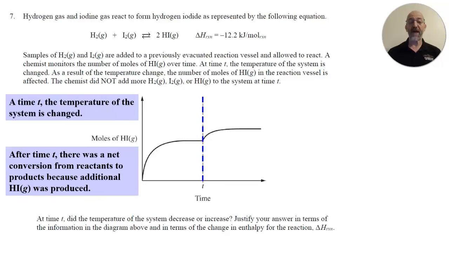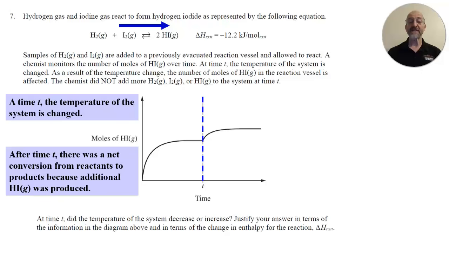At this point, from that increase in the number of moles of hydrogen iodide, which is a product, then after time t, we can see that there was a net conversion from reactants to products because additional product, HI, was produced. So I'm showing an arrow indicating that there was a net conversion from reactants to products as a result of the temperature change.